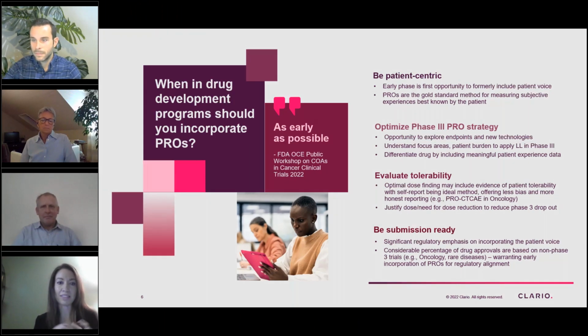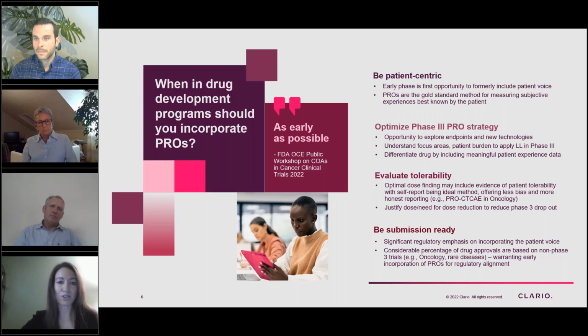Another good example is oncology. There's been lots of attention on oncology and collecting more information on clinical benefit beyond those objective measures of, say, survival or tumor response. Those are undoubtedly important, but they don't, again, take into account how the patient is actually feeling. Will their symptoms improve? Will they be able to work?